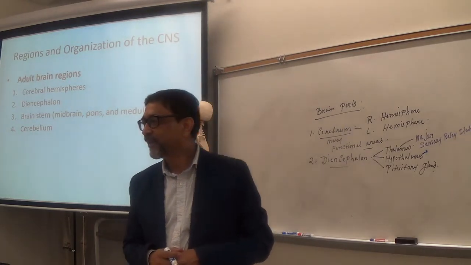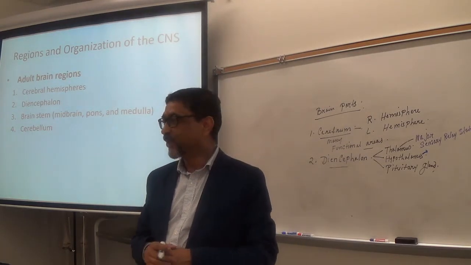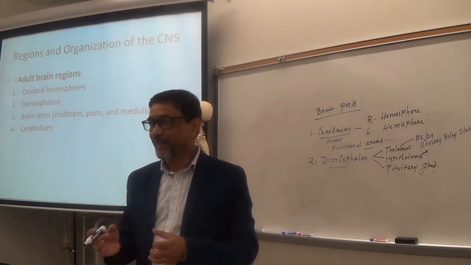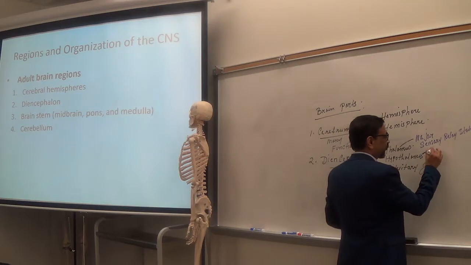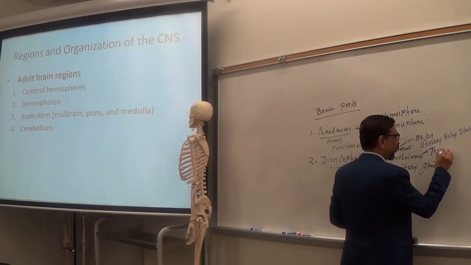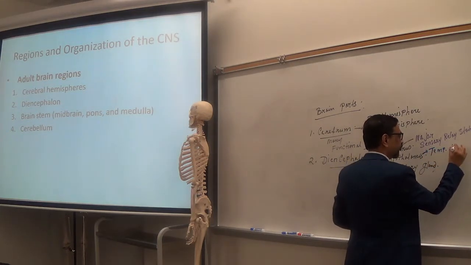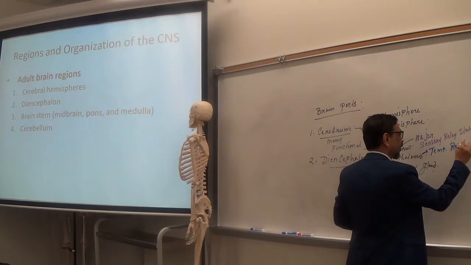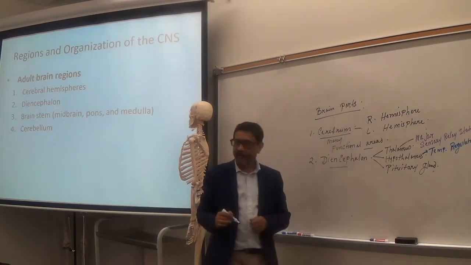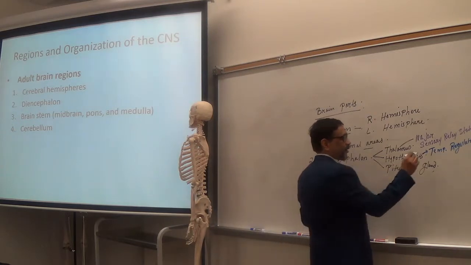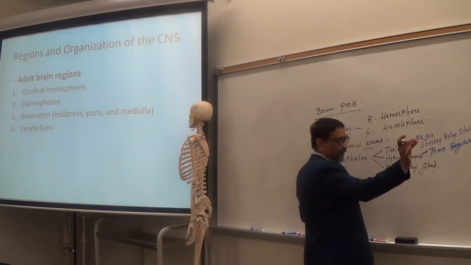Anybody remember? Yes, regulation of temperature, right? Yeah, vasodilation and sweating. So, regulation of body temperature. That is one you already know, regulation of body temperature by regulating the sweating and vasodilation.